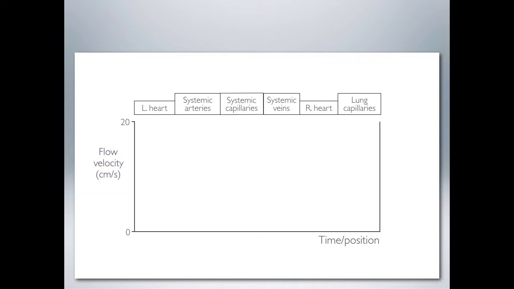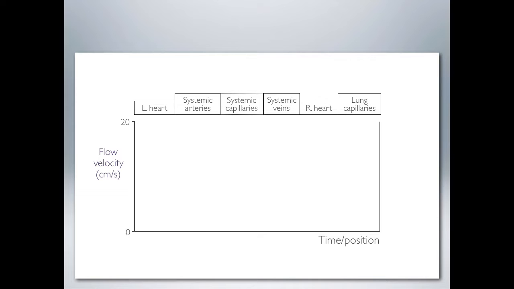So flow velocity or flow speed should always be shown in centimeters per second because it's the linear distance traversed per time. Whereas flow rate is what you measure when you're talking about the stroke volume over the course of a beat. It's how many liters per second or other metrics of volume per second. That's the flow rate. Okay, so just to be clear, here we're talking about flow velocity.